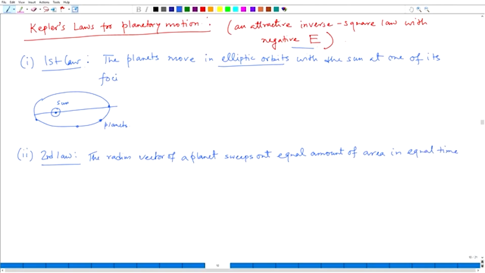Or you can say it sweeps out area at a constant rate.